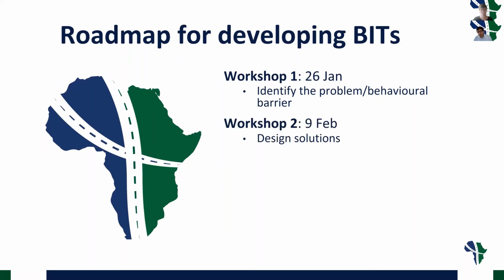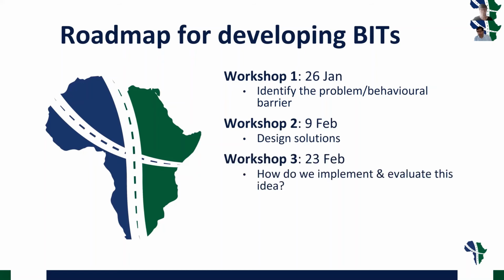The second workshop is on the 9th of February, and the idea here is to take those problem statements and think about what solutions might be applicable to address the problem, and then to think about implementation and evaluation of this idea in the third workshop.